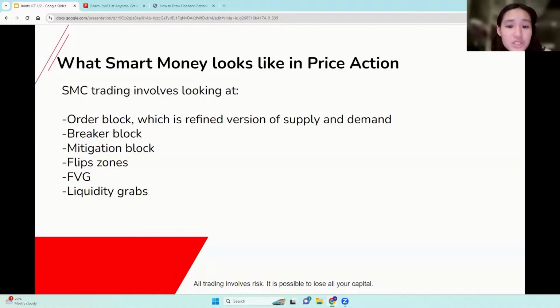This is what is traditionally called your support and resistance flip zones, and then your FVGs, which are imbalances on the market, so when demand outpaces supply or vice versa. And then lastly, your liquidity grabs, which we went through before, are basically the areas in which there is a support level or a resistance level.